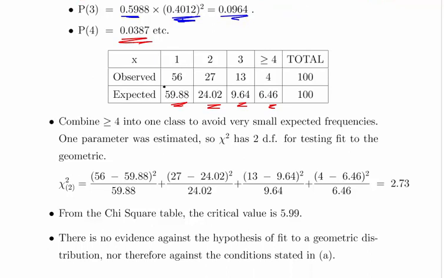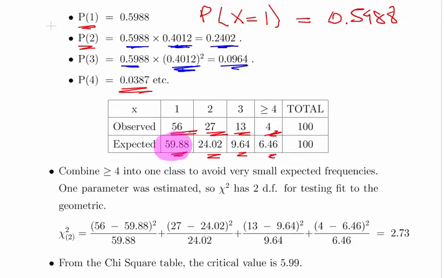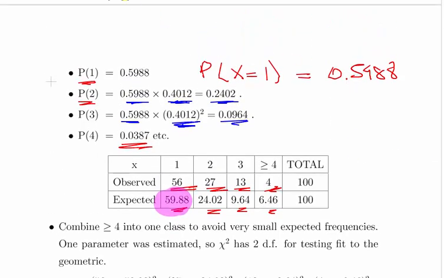So 56, 27, 13, and 4 or more would be 4, okay? And under the null hypothesis, which is the geometric distribution, we would expect 59.88, using these numbers, for 100 rats, okay?